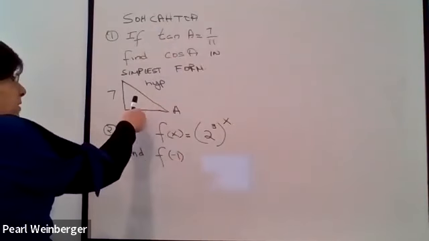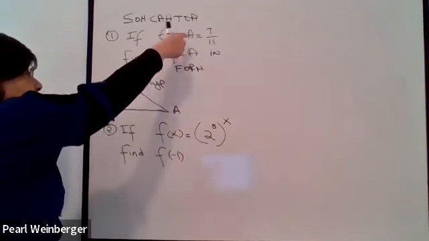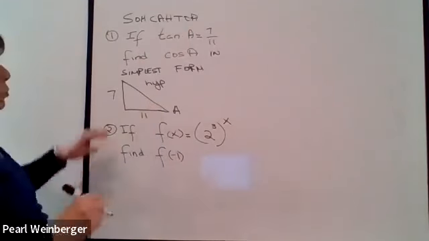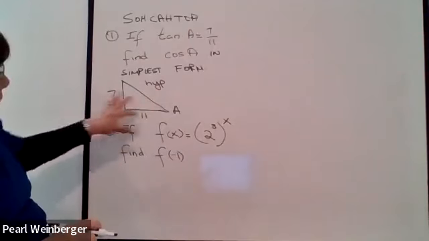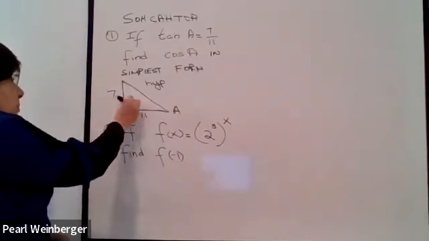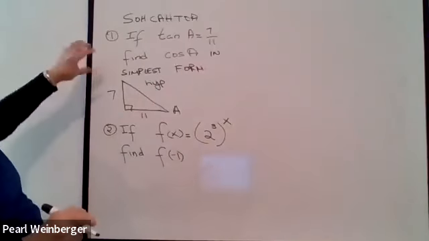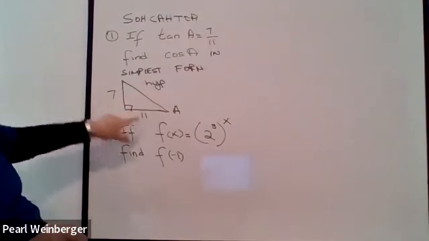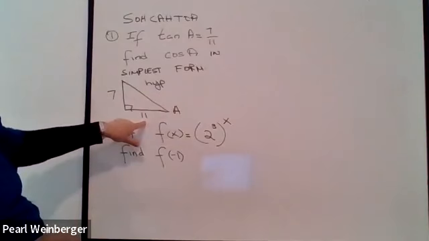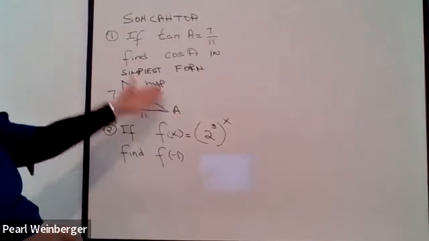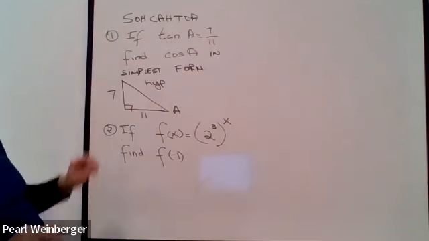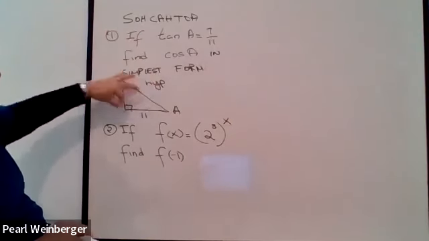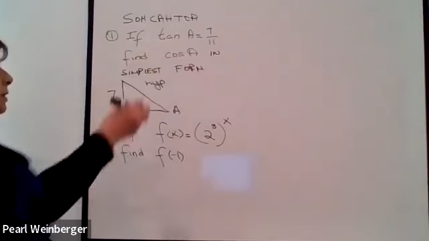And this is my adjacent, which I was told should be 11. So we can draw a right triangle. Remember, this is my right angle, with the opposite side being 7 and the adjacent side being 11, and therefore the tangent is 7/11. We can then use this triangle to figure out what the cosine is.